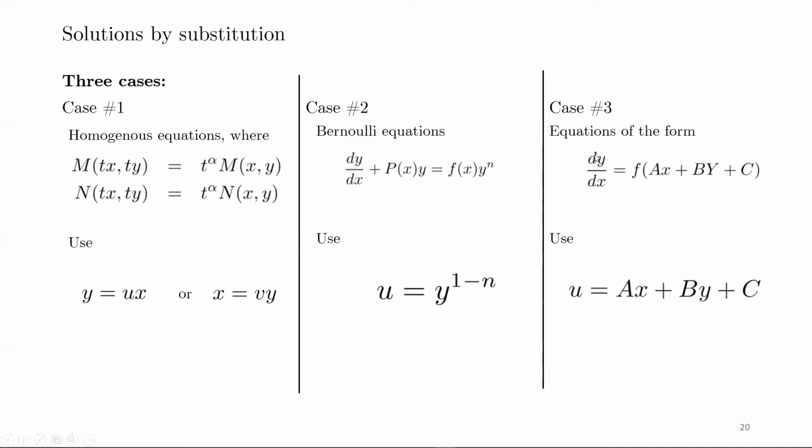And then finally, if we have an equation that looks like dy by dx equals some function of a times x plus b times y plus c, then we're going to use the substitution variable u is equal to a times x plus b times y plus c, where a, b, and c are some constants. So let's look at some examples of that.